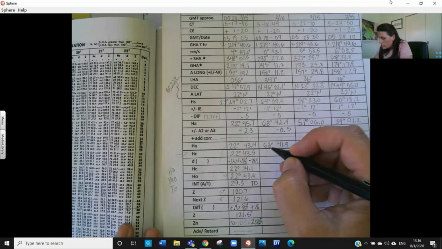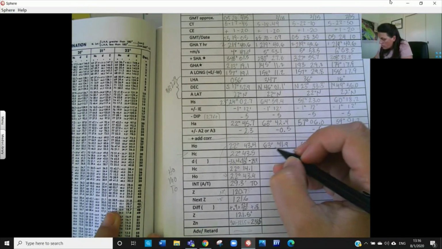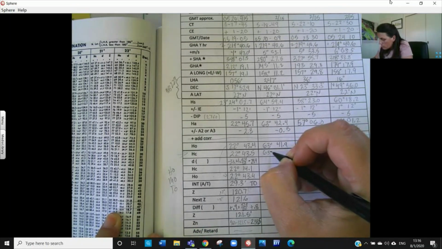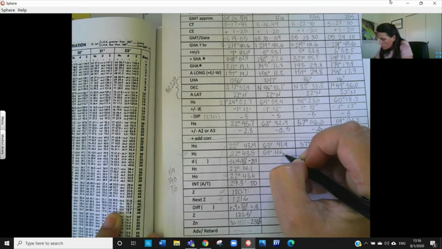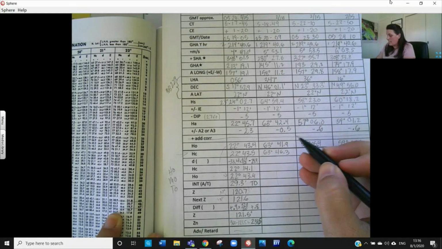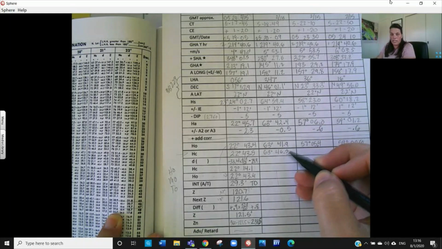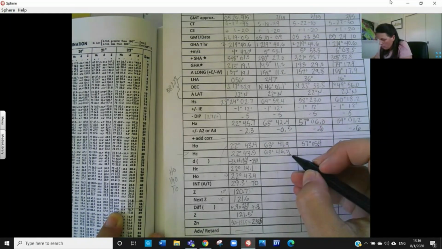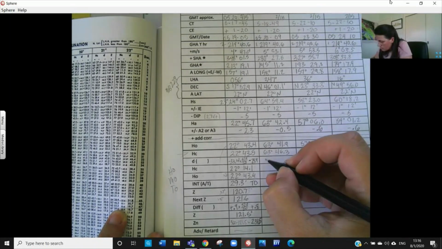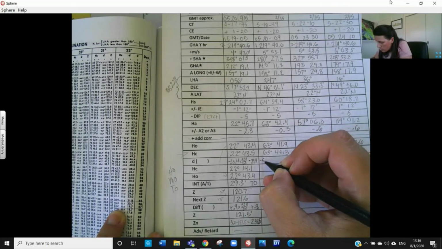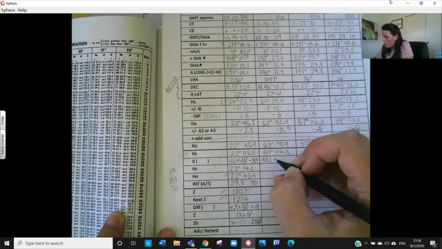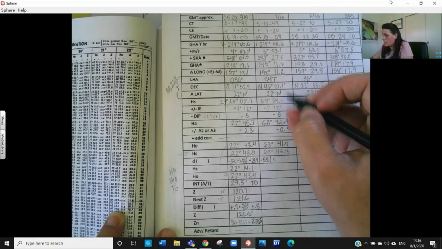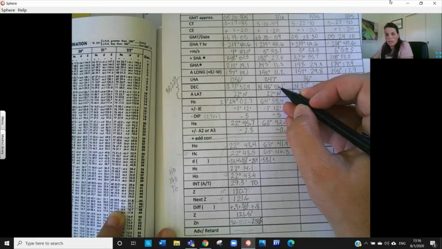So my HC is going to be 62 degrees. Again, I wrote that down and I could see it's ballpark HO, so I'm good to go there. My little d was minus, and I'm going to be multiplying that from this declination, which is 01.1.